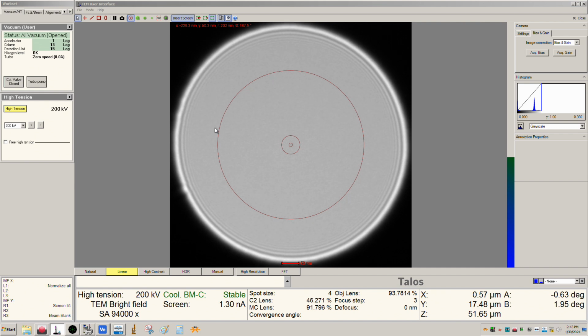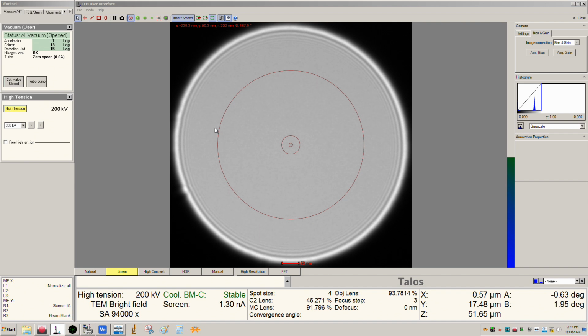Knock-on damage is where an electron comes in and physically knocks an atom off of its equilibrium lattice position. Essentially, it causes a point defect. We call this knock-on damage. The amount of energy required to create knock-on damage is not high.